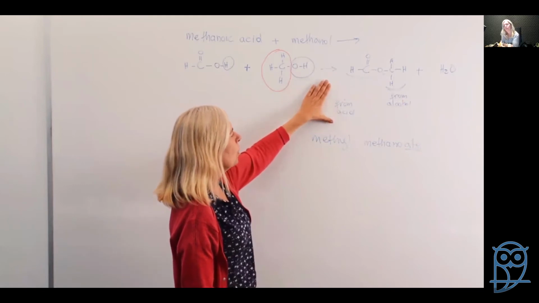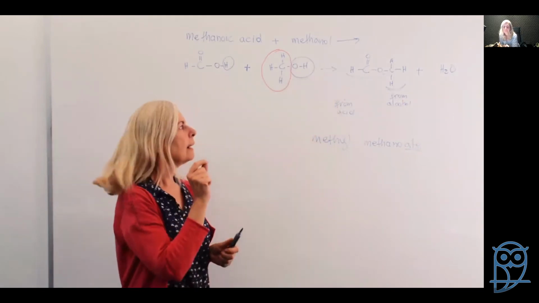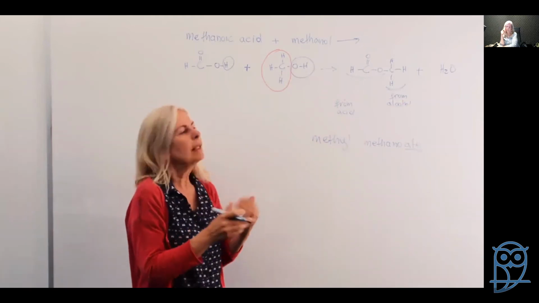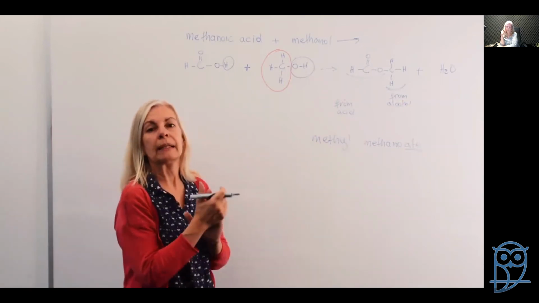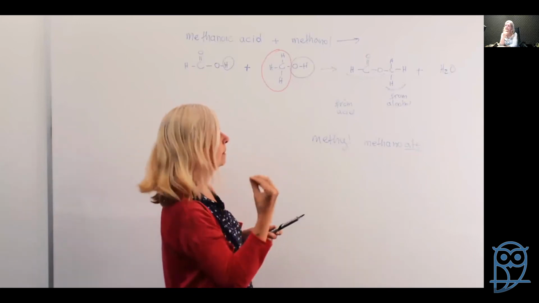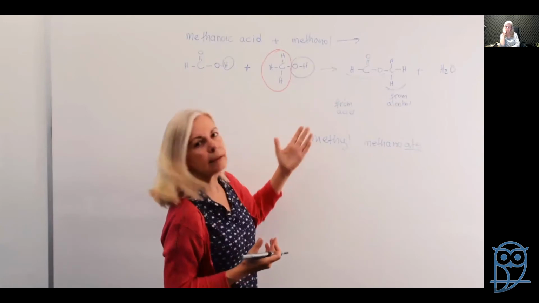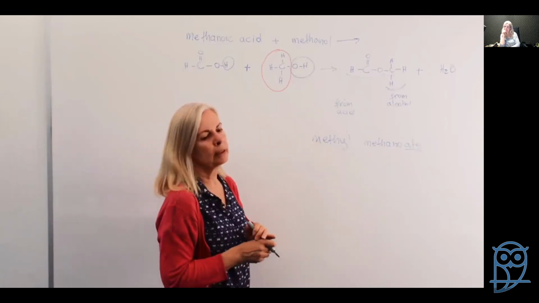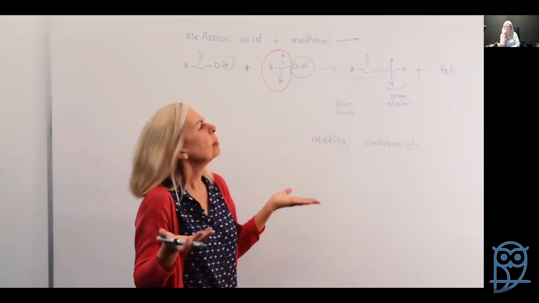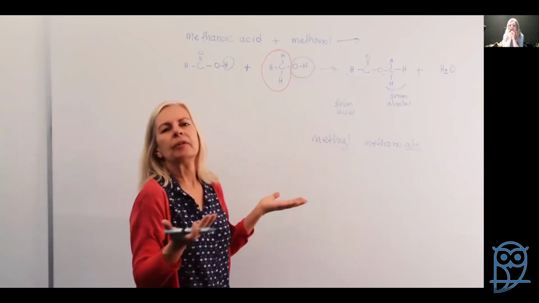Each ester has a characteristic smell, a nice smell. The smells of all the fruits and the flowers are actually esters. What we smell is an ester. So esters are very important products because we use them in the manufacturing of perfumes and artificial flavors.